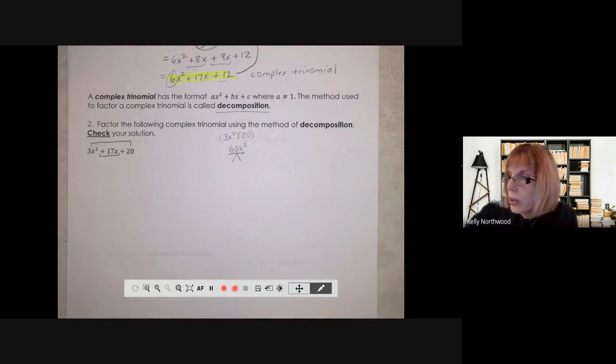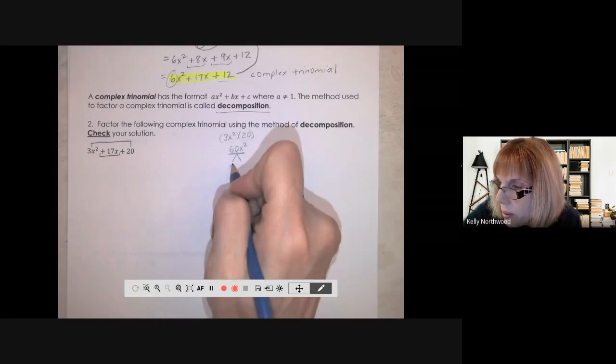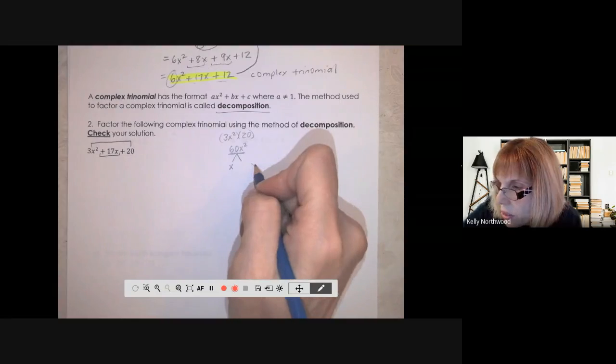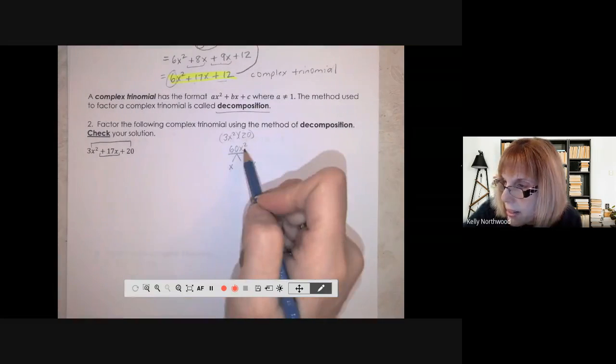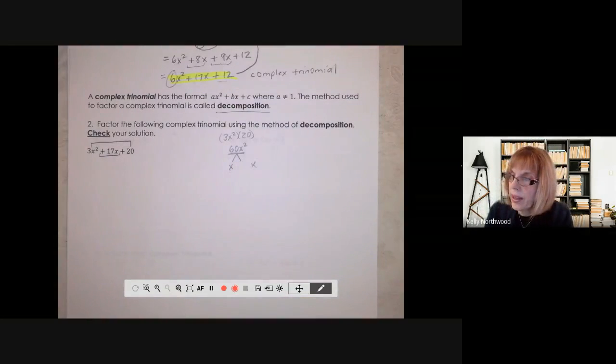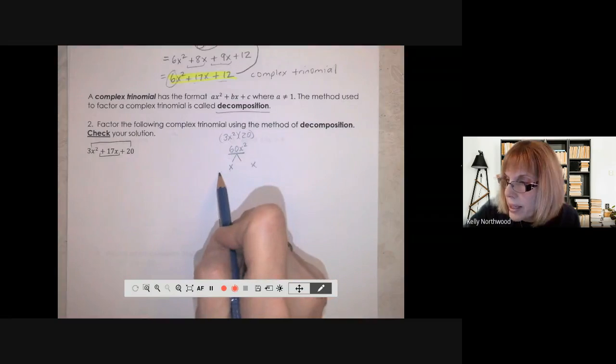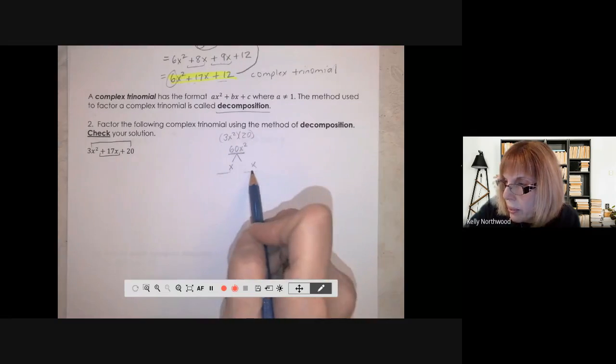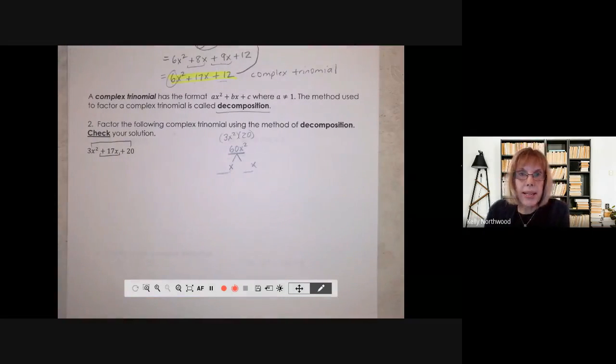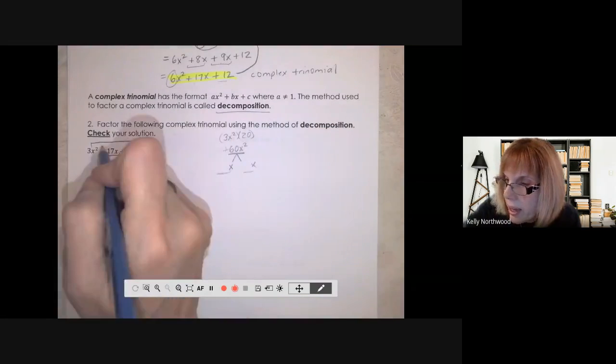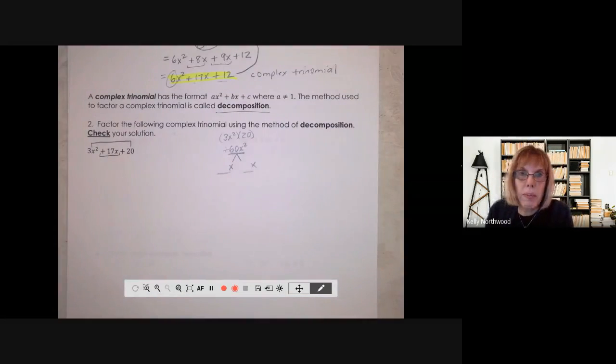In order to multiply to 60x squared, each of them has to end in x. That we should know, because x times x gives me that x squared I need up here. And if I add some number x plus another number x, that's what could give me my 17x. So if I'm multiplying to a positive and also adding to a positive, both of my numbers could be positive.